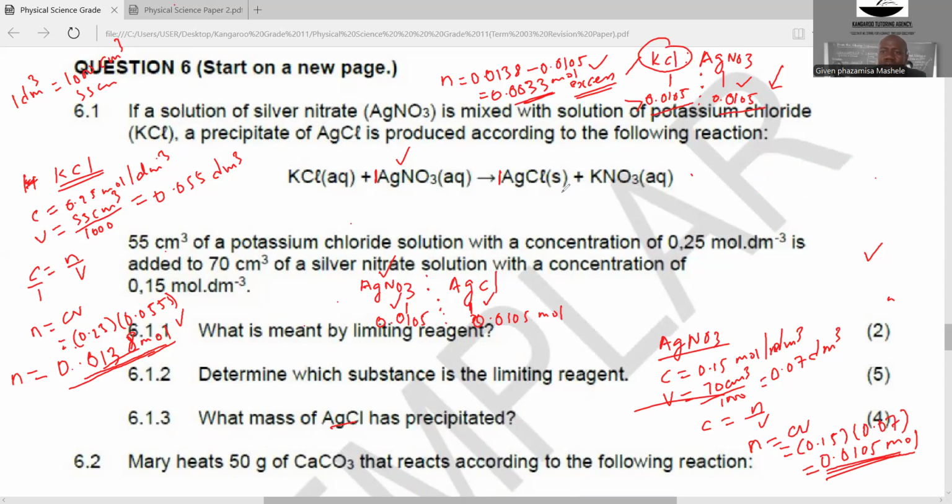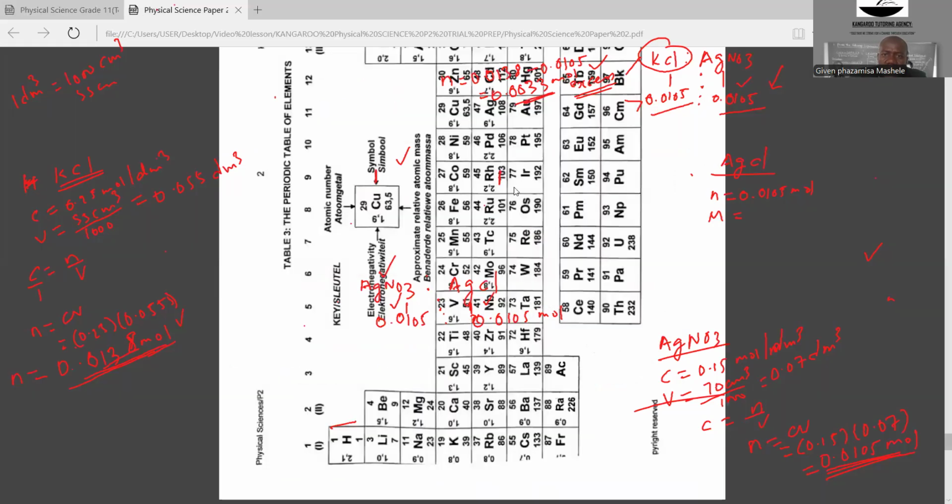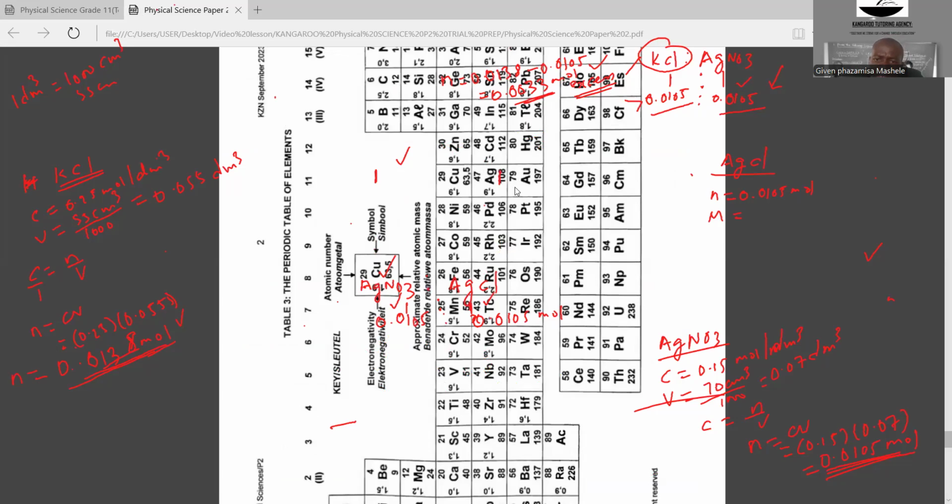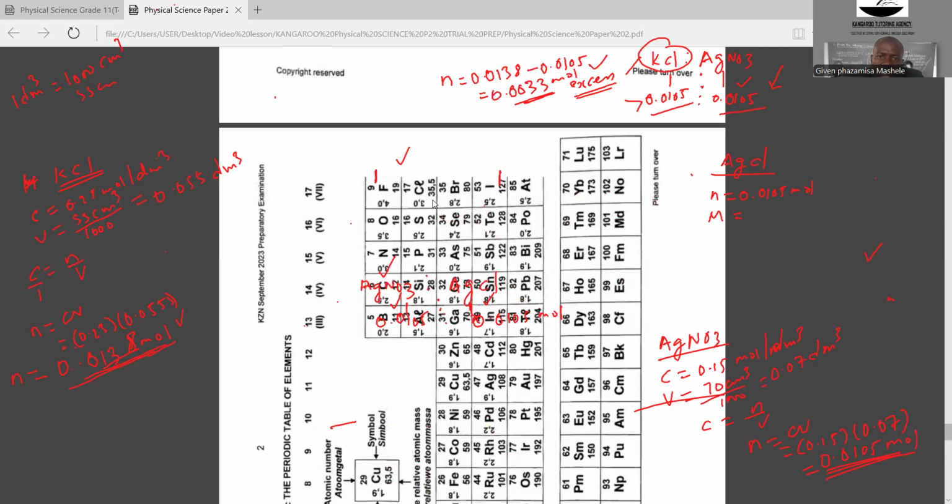So we're going to say, the information for silver chloride, we know the number of moles of silver chloride. It's 0.0105 mole. Then because we want the mass, we can calculate the molar mass of this silver chloride. And to do that, we'll have to use our periodic table. From the periodic table, we can look for the molar mass of silver. Silver has a relative atomic mass of 108, whereas chlorine is 35.5.